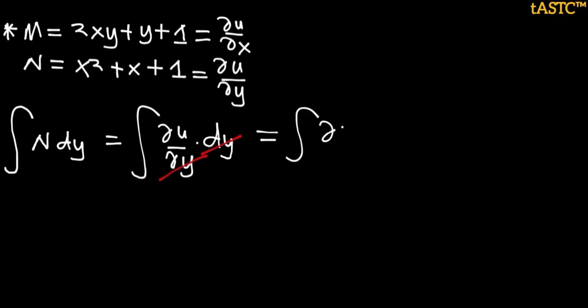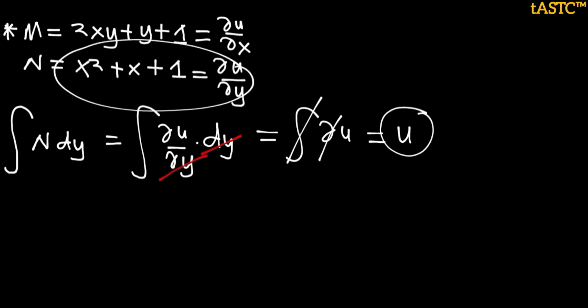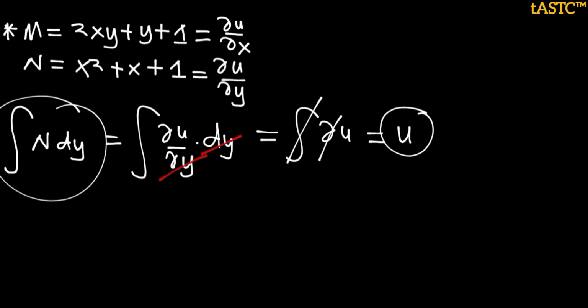This will be the integral of du. Now this is obviously going to cancel, and that takes us back to u. So what we're trying to do is to find out what u is. In order to do that, as we have differential equations, you basically need to integrate them in order to take it back to the original function. So that is basically what we're going to do. Now we're going to use the integral and dy.